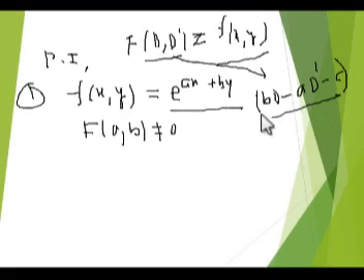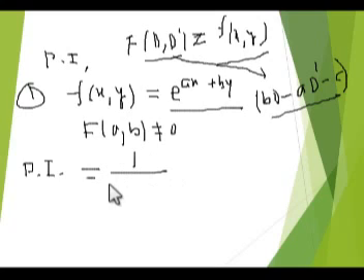So here put b and a, and if it is not equal to 0, then the particular integral will be 1 by F(a,b), since it is not equal to 0, you can take it in the denominator, times e to the power ax plus by.